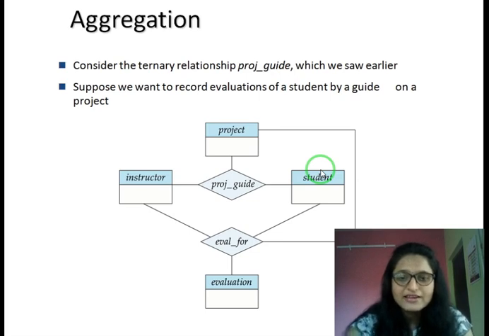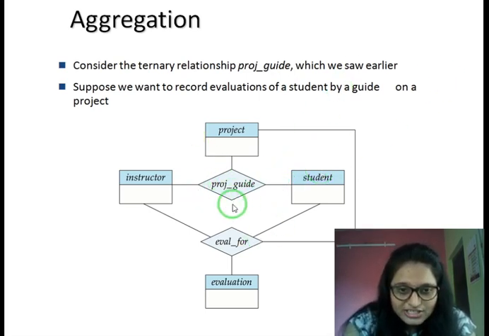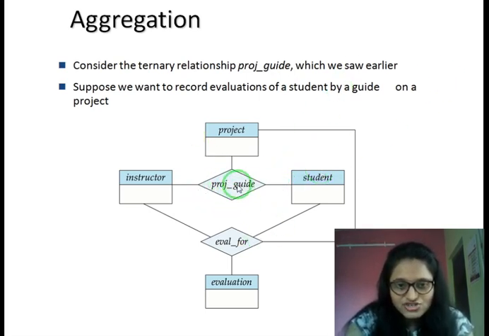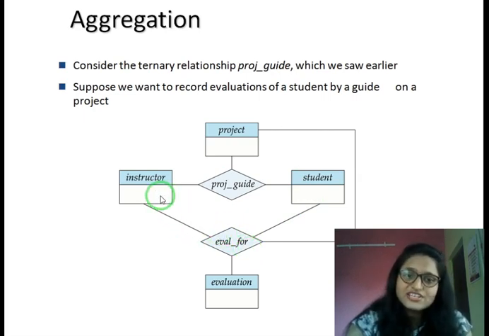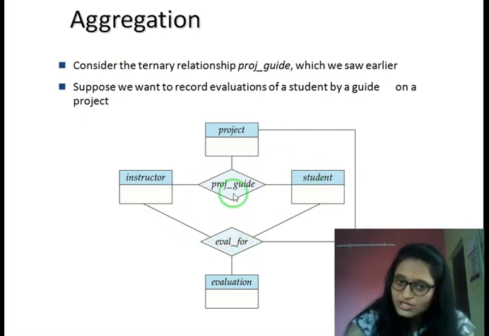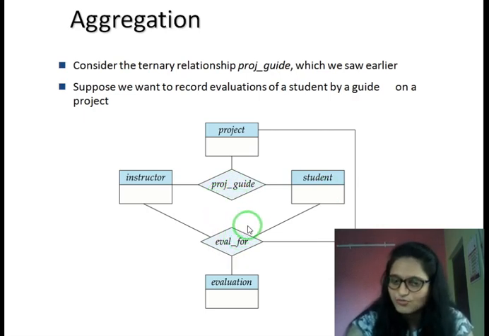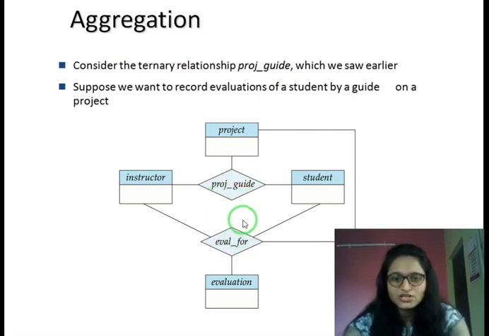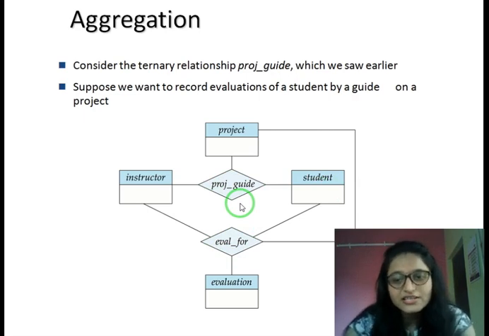Again I repeat, project guide is a relationship between instructor, project and student, and another relationship, eval_for, is between instructor, project and student. They are similar, but we cannot merge these relationships. Why? Because there may be cases where evaluation is not done yet.